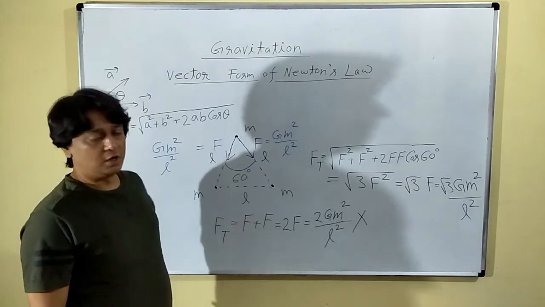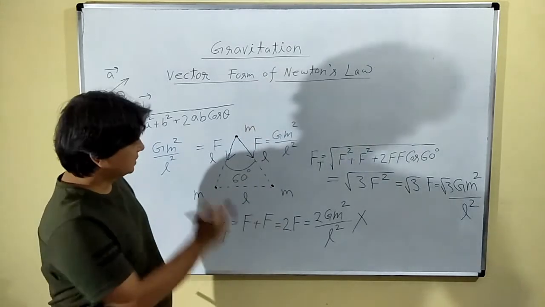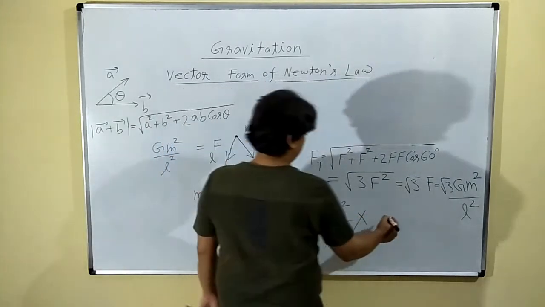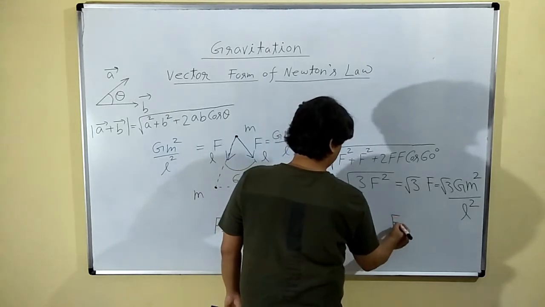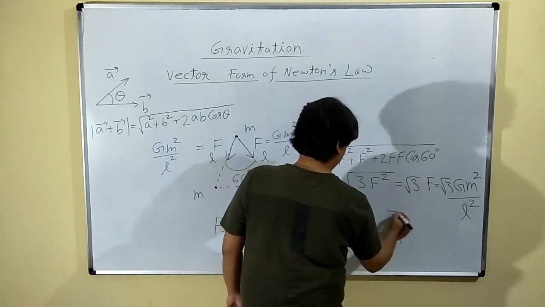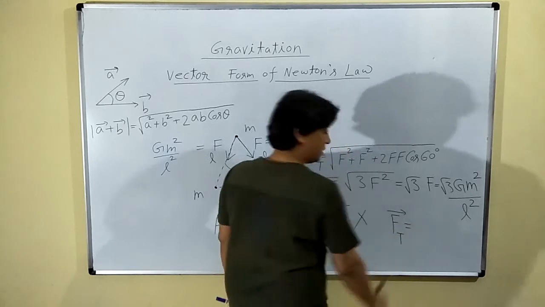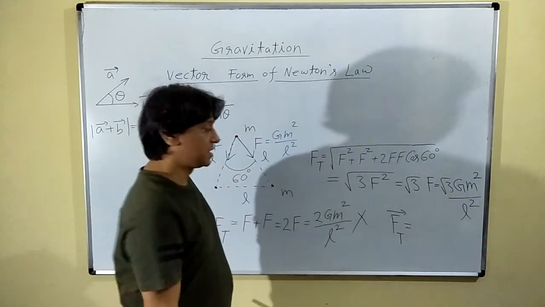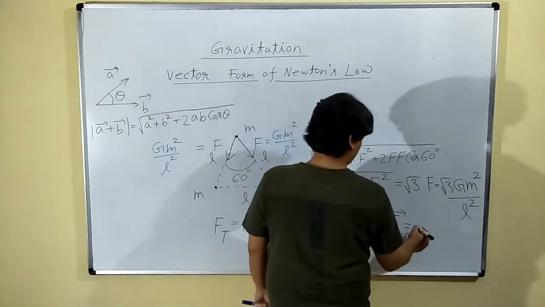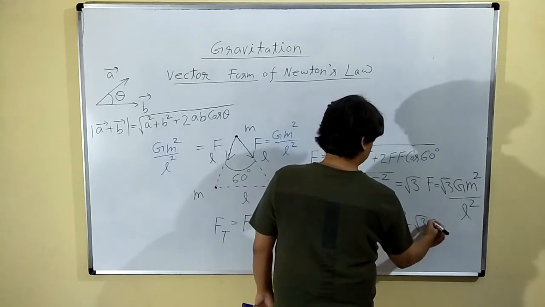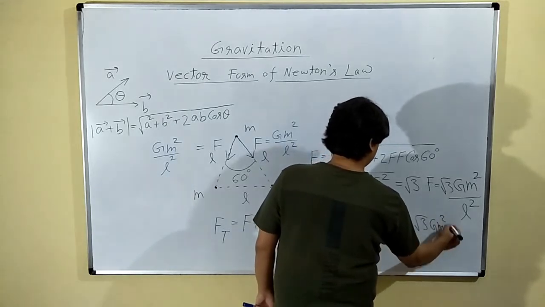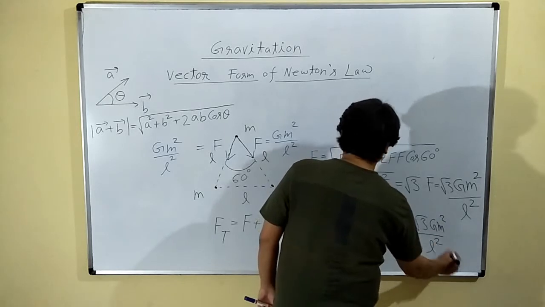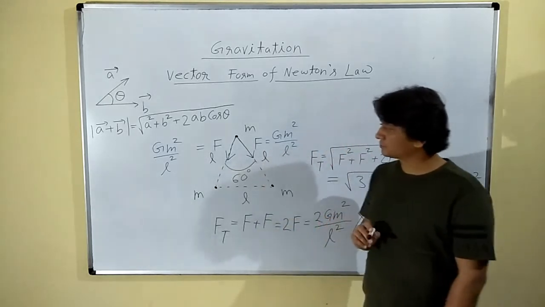That's your f total. अब इस सिचुएशन में अगर किसी ने आपसे पूछा होता what is f total, तो आप इजी वे में क्या कर सकते थे? Especially for this question, magnitude gm square upon L square. Now look at this figure.